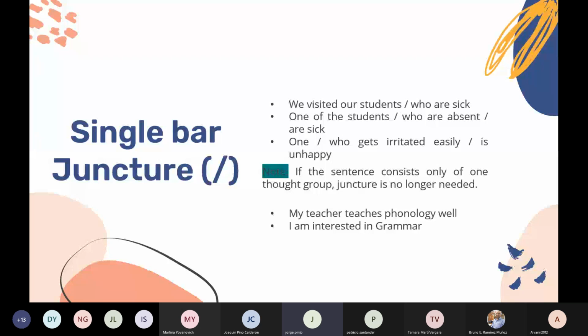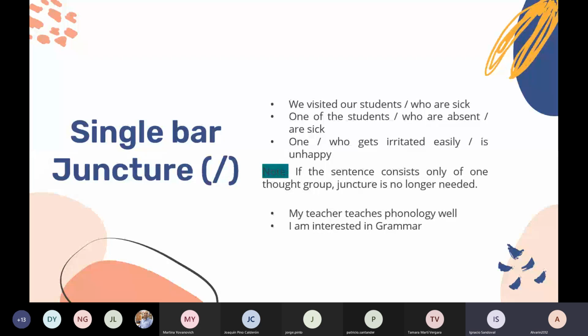We visited our students who are sick. Okay, excellent. Thank you very much. The second, any volunteer? I can do it. One of the students who are absent are sick.